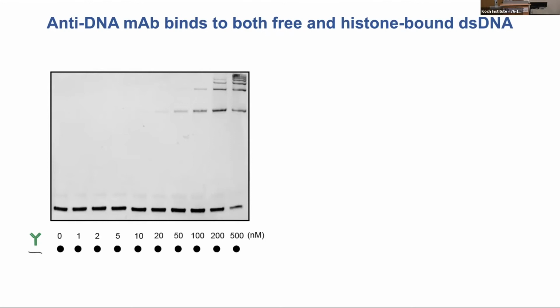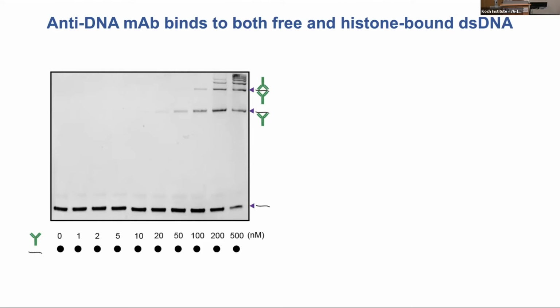And we showed that, as expected, we see shifted bands at higher concentrations of antibody, corresponding with binding of this antibody to this free double-stranded DNA molecule. And we saw several bands, which we hypothesize are higher ratios of antibody to free double-stranded DNA.